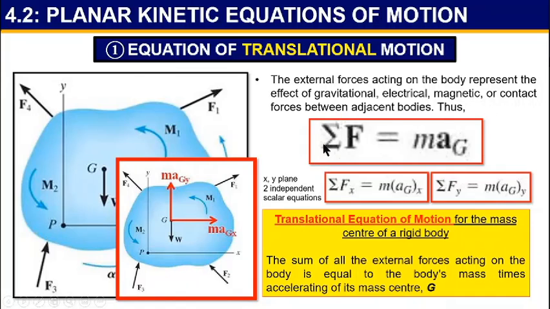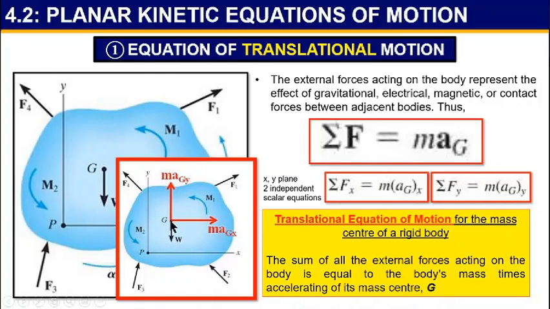From this equation, we can divide it into two planes, x and y. Sigma Fx equals m aGx and sigma Fy equals m aGy. Please look at this schematic figure.